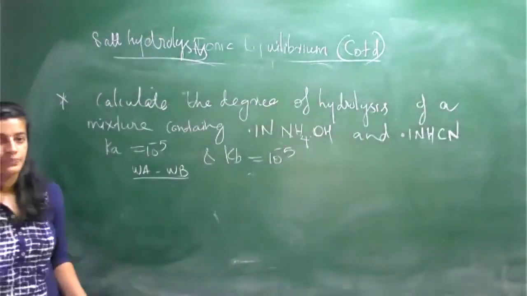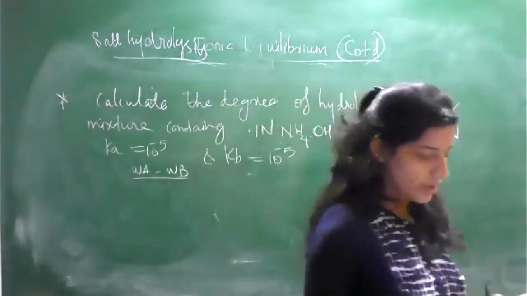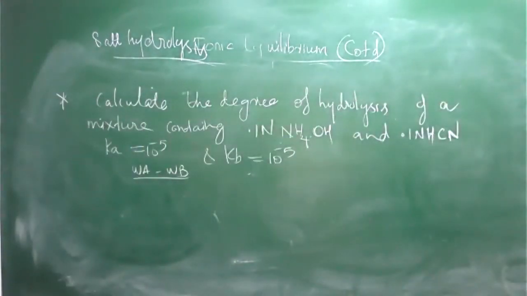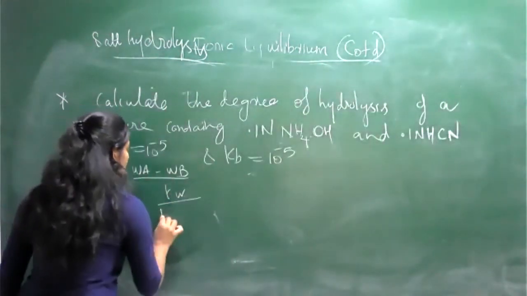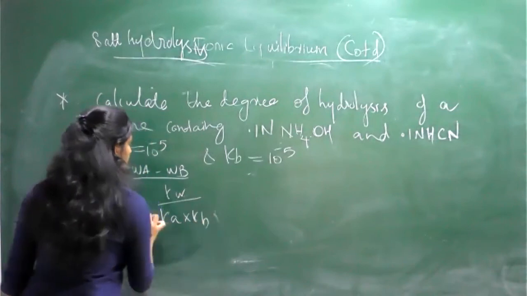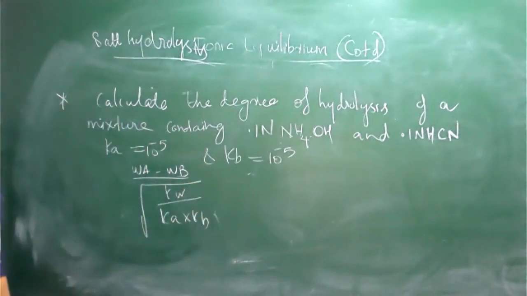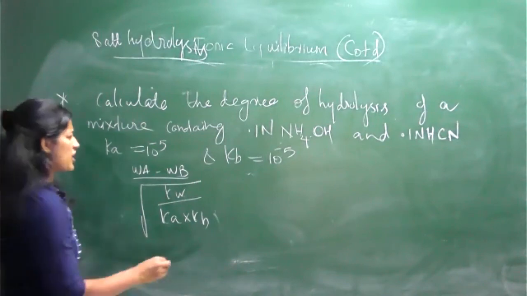H is equal to? The formula is root of Kw divided by Ka into Kb, under root. What is the substitution?